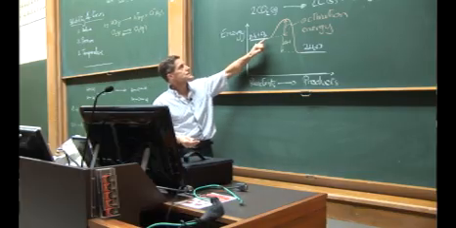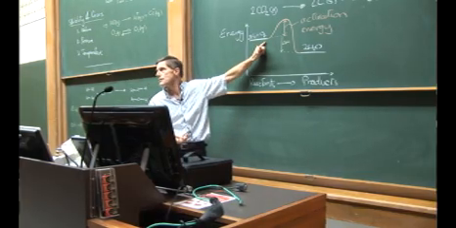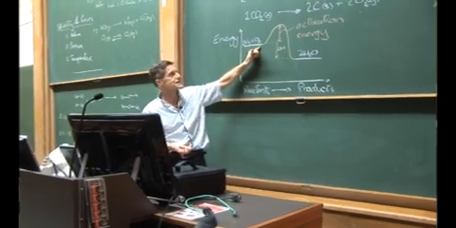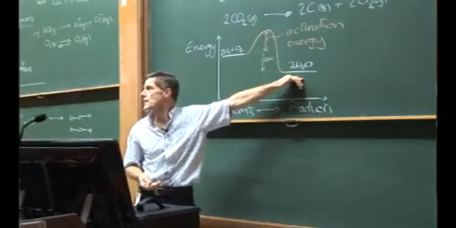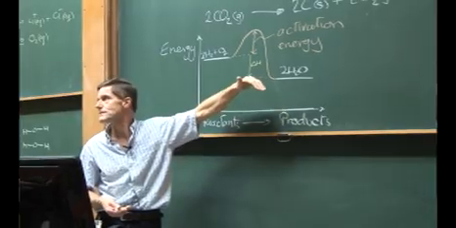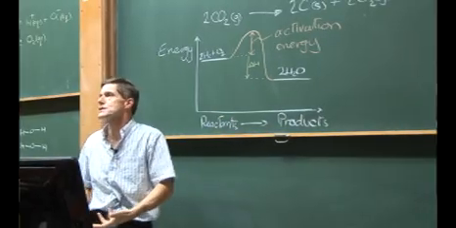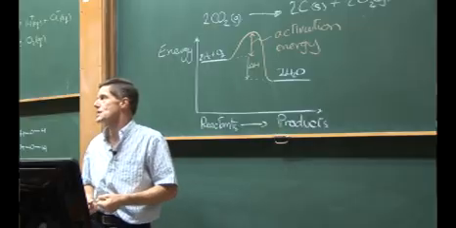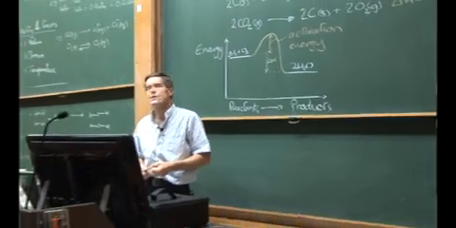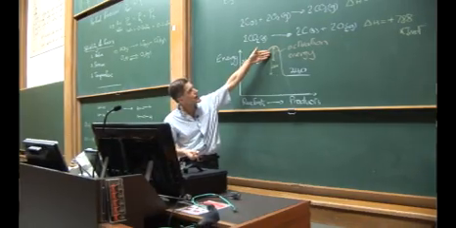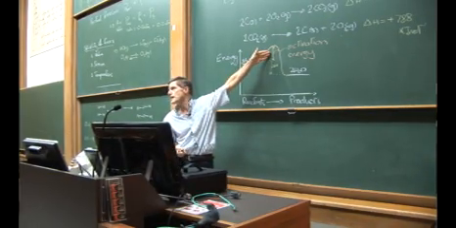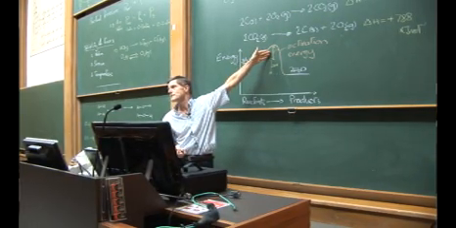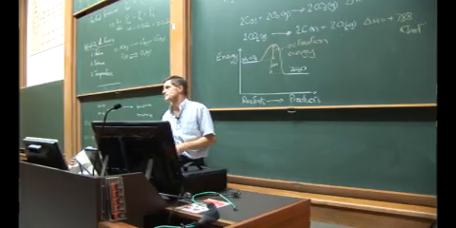And as soon as a few molecules of hydrogen and oxygen have reacted to produce water, that has given out energy, and so that energy that's given out is sufficient to get the rest of the reaction going. An activation energy represents a minimum amount of energy necessary to initiate the reaction.